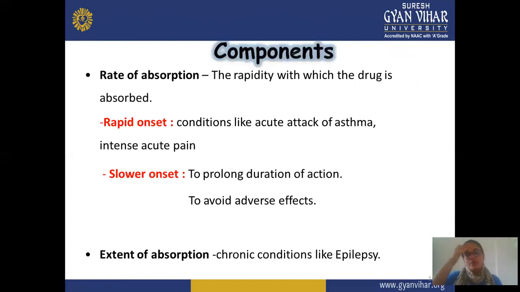Next is components of viability and bioequivalence. In this component, rate of absorption is the rapidity with which a drug is absorbed, meaning how much drug is absorbed in a particular period of time.